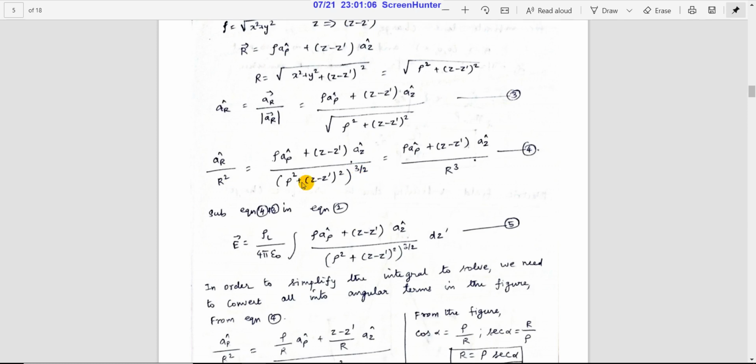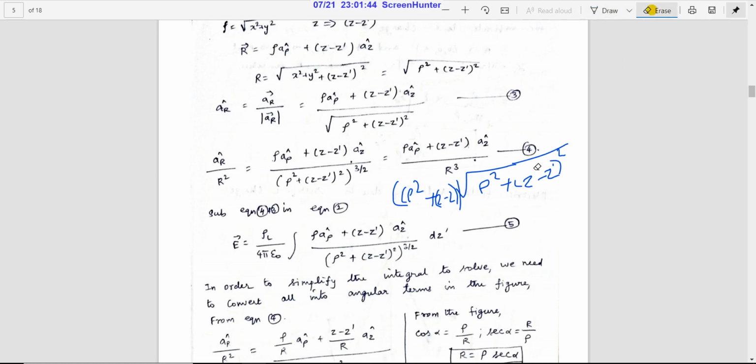So this is the root term, and the R square term is also available. So we have the root term, root of rho square plus (z minus z dash) the whole square, and another term, the same term but without the root.